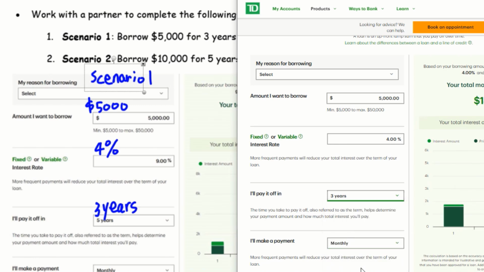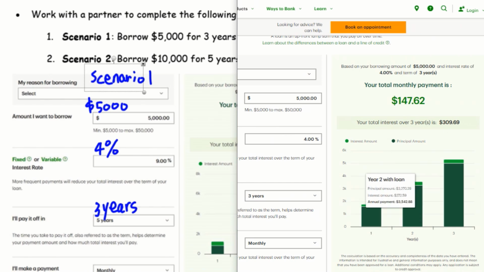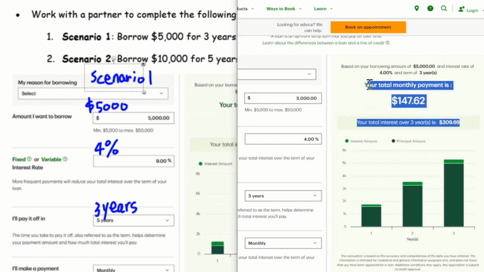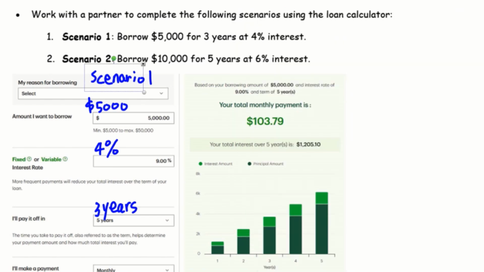On the right side, you will see the calculator has already made the calculation for you. Here are your total monthly payments, and here is your interest. We are going to copy these two numbers here. This is for the answers for scenario 1.